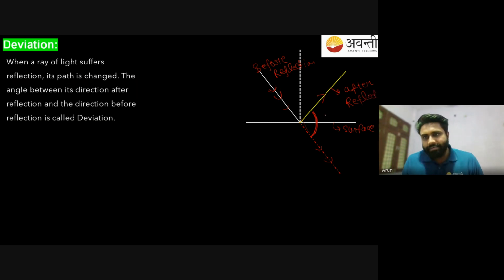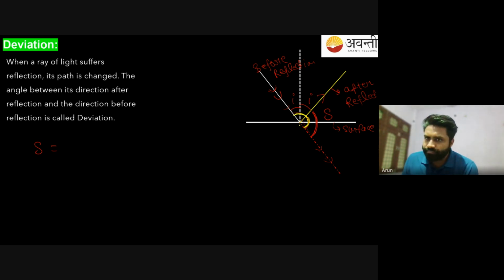Here we define deviation as delta. So what is delta over here? This angle is I, this angle is also I, and this complete angle is 180 degree.